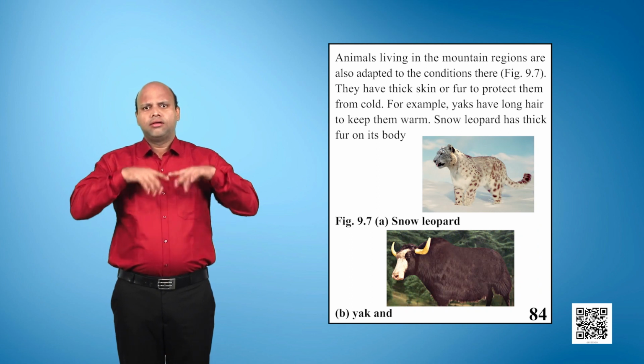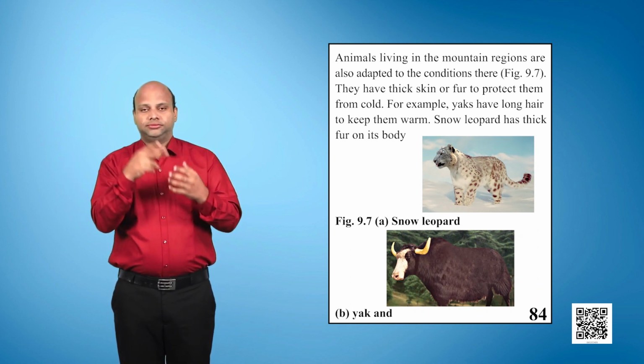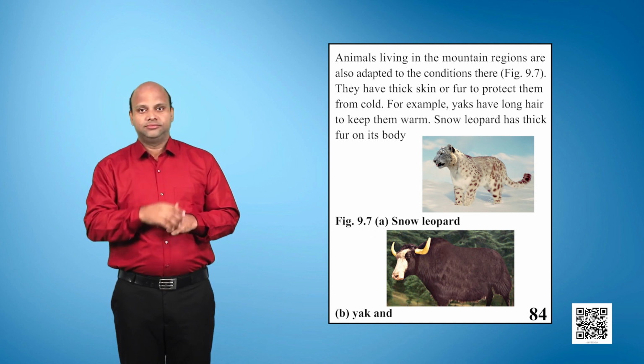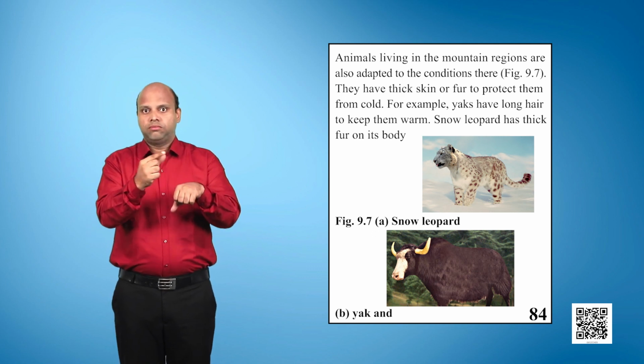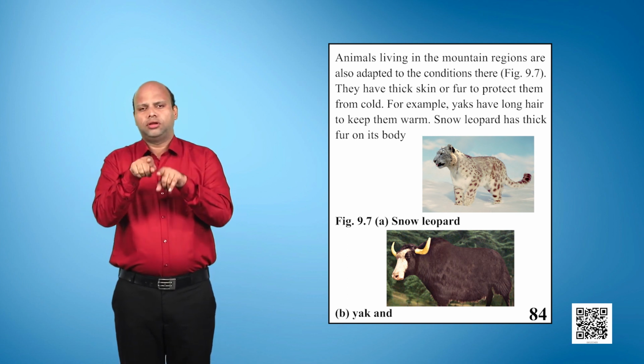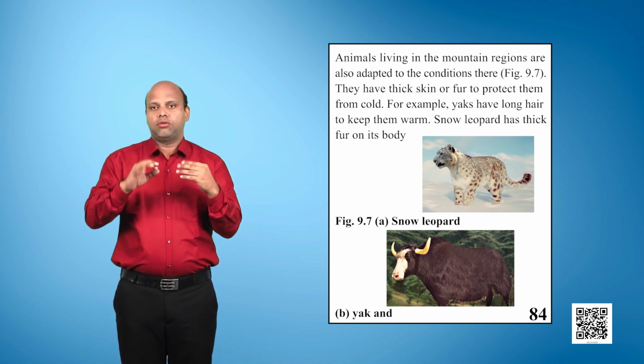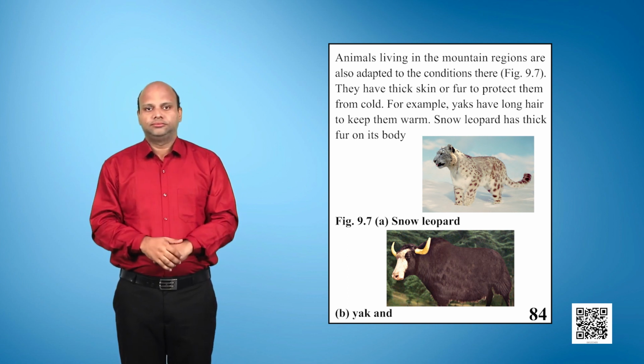Animals living in the mountain regions are also adapted to the conditions there. Figure 9.7. They have thick skin or fur to protect them from cold. For example, yaks have long hair to keep them warm. Snow leopard has thick fur on its body.